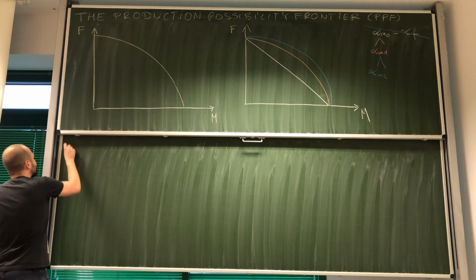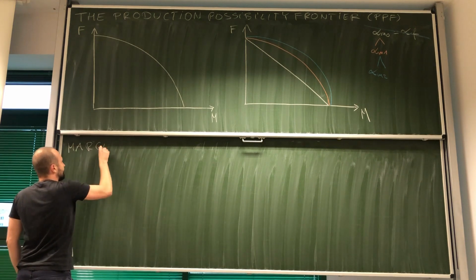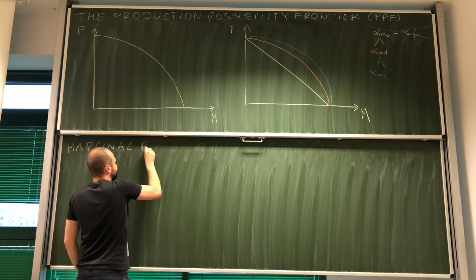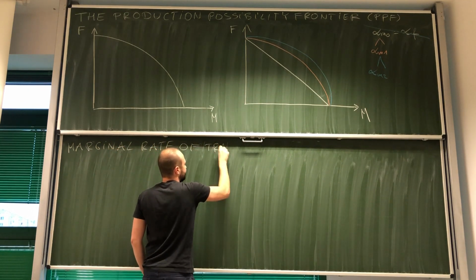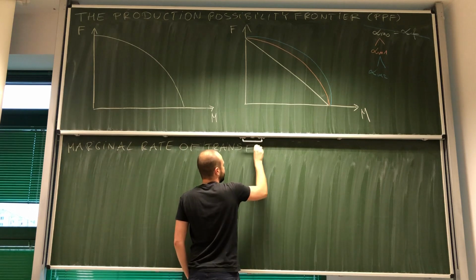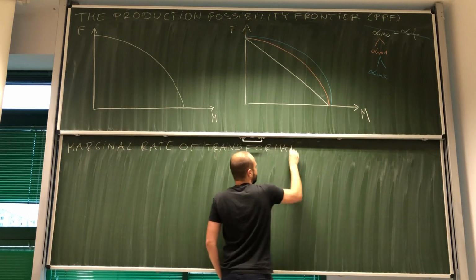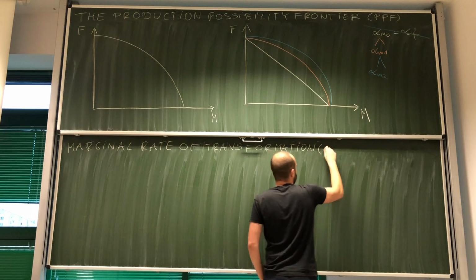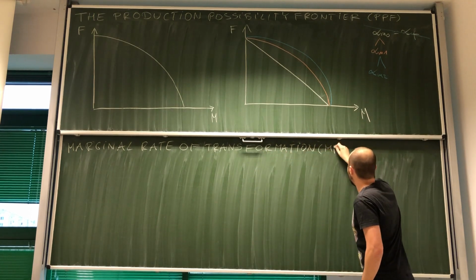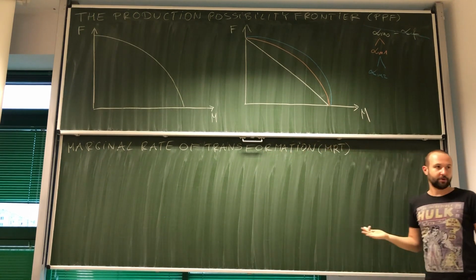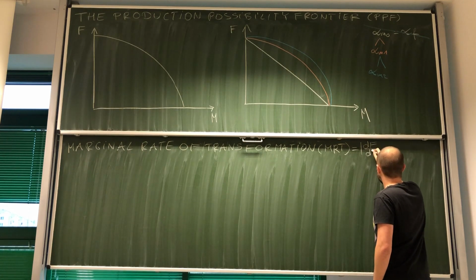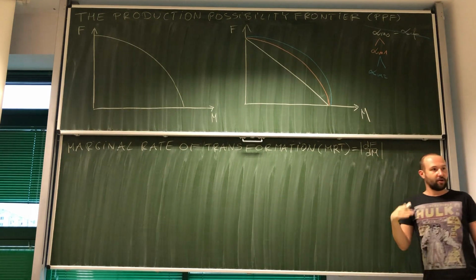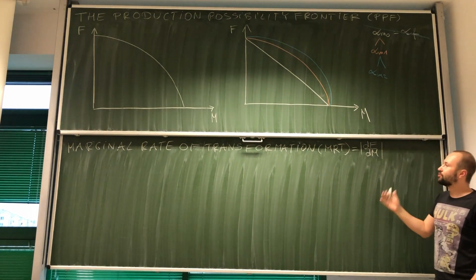Well, we call it the marginal rate of transformation, or MRT for short, and it is equal to the absolute value of the derivative dF/dM. But of course, what is important to us is what it represents.